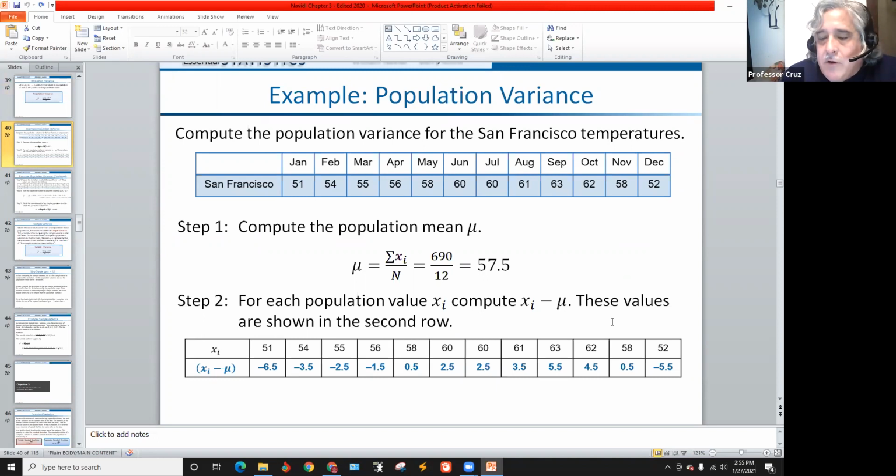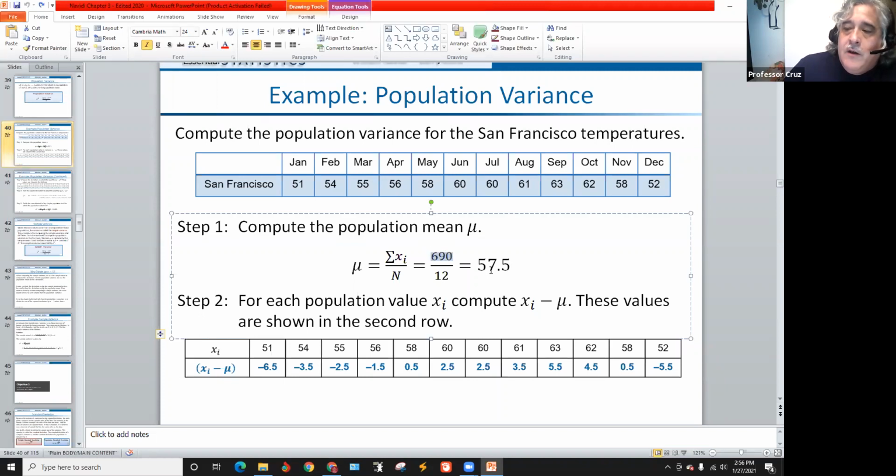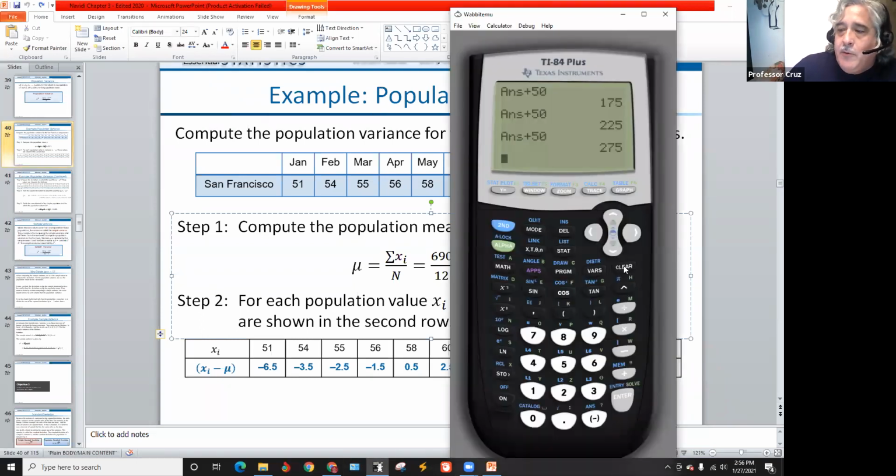All right, so first of all, you got to have the mean. So they calculate that mean for us. If we add all those temperatures up, it's 690, and divide by 12, it'd be 57.5. All right. Now, we take 57.5 and subtract it from each one, and I'll show you on a few of them so you can see how they come up with them.